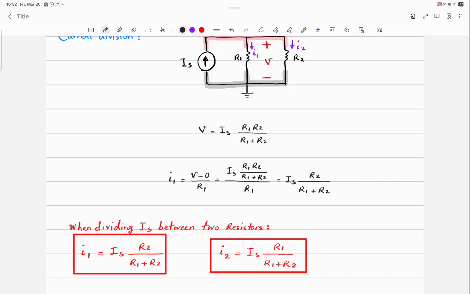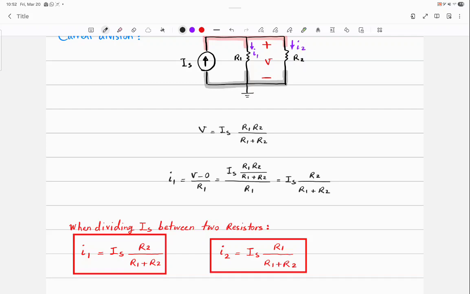Why the hell is current directly proportional to the other resistor? Because the more resistance another resistor has, the more the current wants to go to the path of least resistance. Do you see the logic? If you have two resistors, one small, one big, the current passing through the small resistor is going to be bigger. That's why it's proportional to the other resistor.